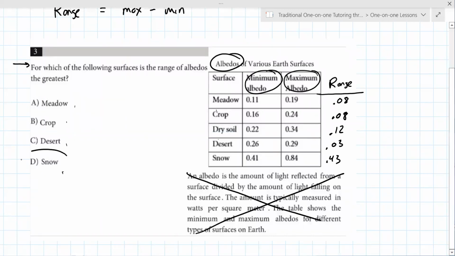Snow, 0.43. Yeah. Now when you look at this question, now that you know the answer, do you think you could have maybe done that faster by looking for the biggest spread of numbers? Yeah, and that's kind of what you want to do here.